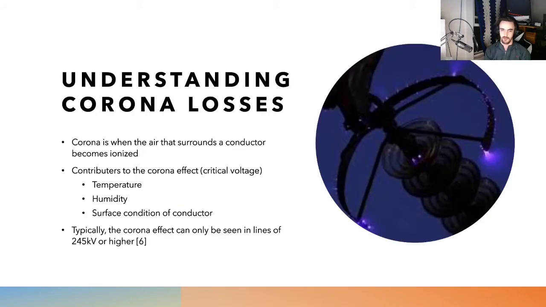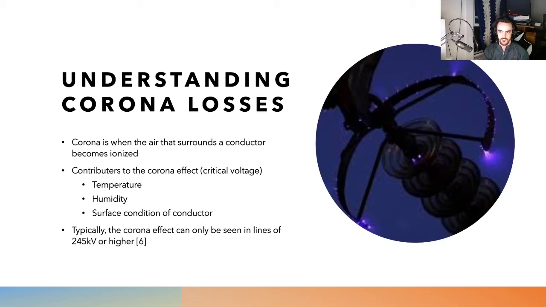So, our second power loss comes from corona losses. Corona is when the air that surrounds a conductor is ionized, and you can see on the right, it causes this purple hue glow. Typically, the corona effect only occurs on transmission lines that are around 245 kilovolts or higher.